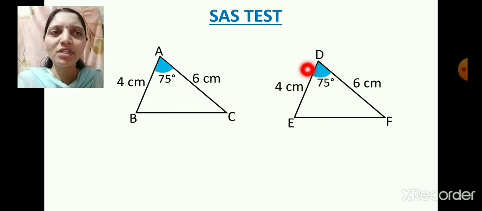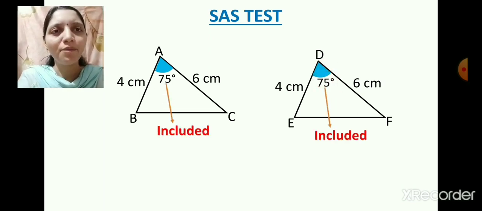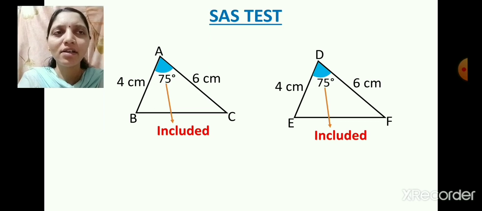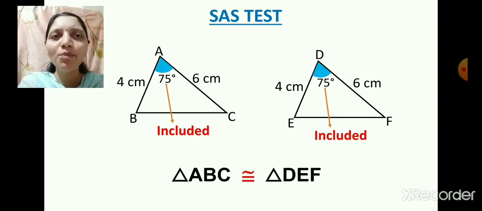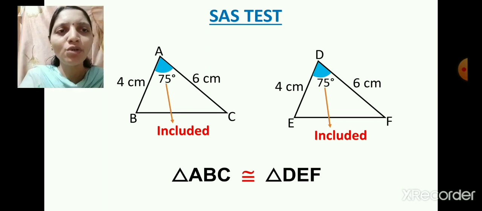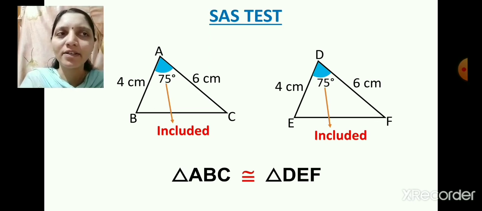That means this angle is called the included angle. Therefore, we can say that triangle ABC is congruent to triangle DEF. By which test? Correct, by the side angle side test.